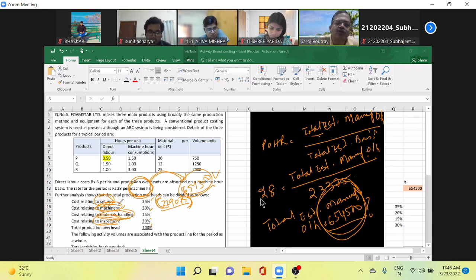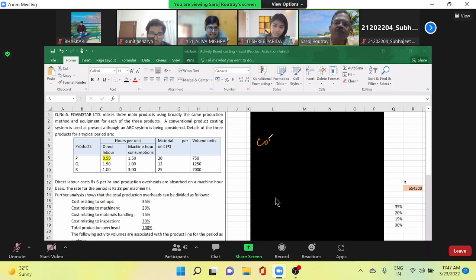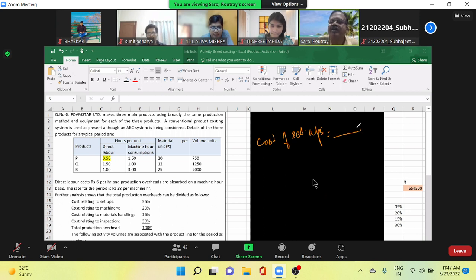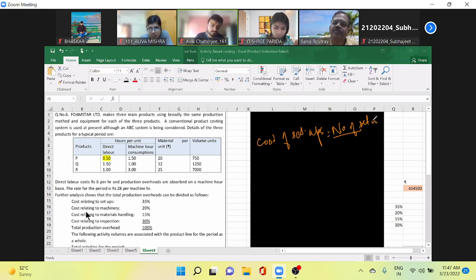So we need to divide it into cost pools, and then find out the activity measure, what drives the cost. If I ask you, the cost of setups is driven by what? Number of setups.